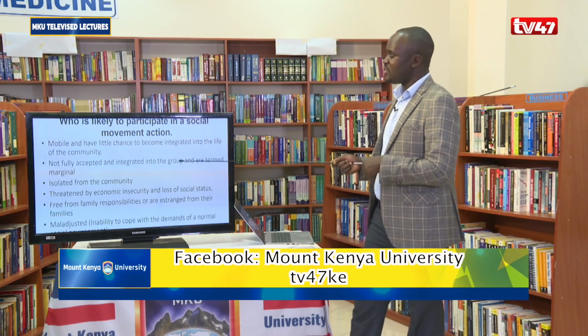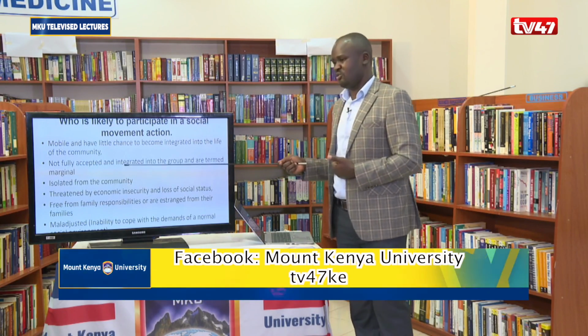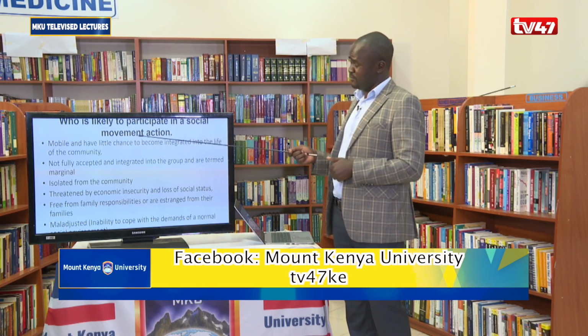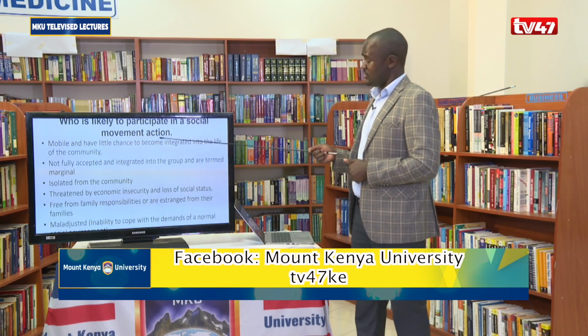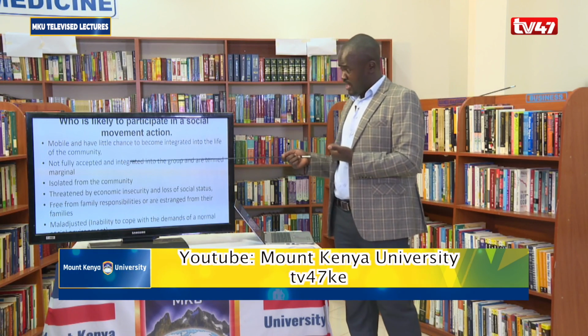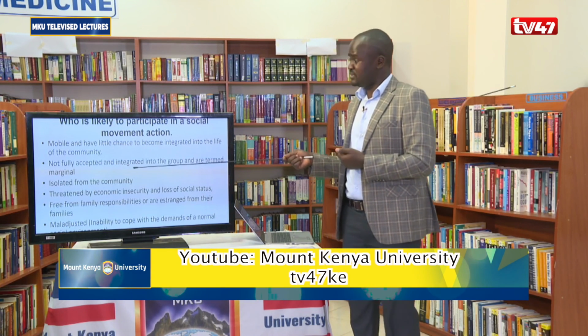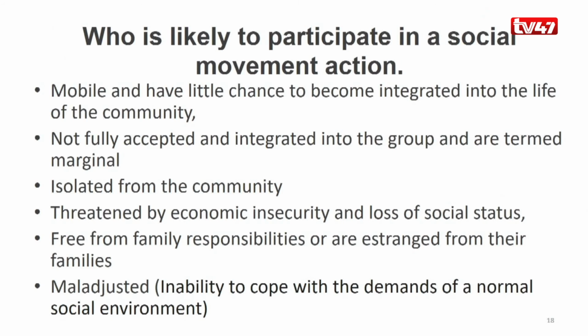Another group is those who are not fully accepted or integrated in the group and are termed as the marginal. So the marginalized group of people are also likely to be active participants in a social movement, and the reason is this marginalization.